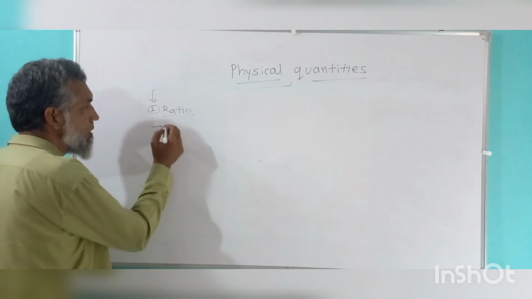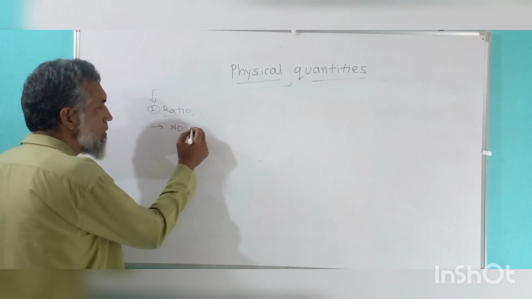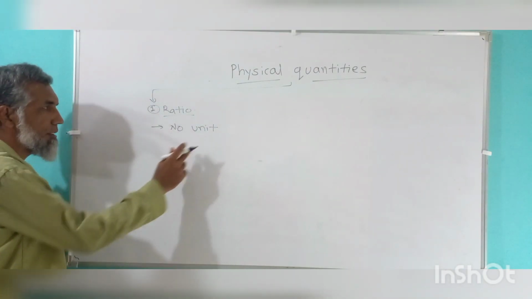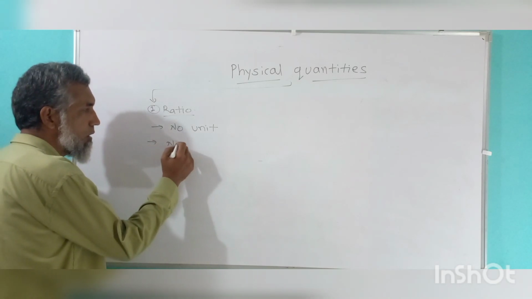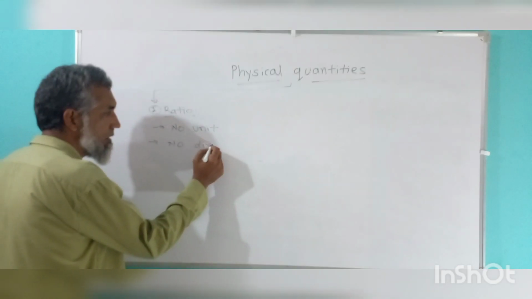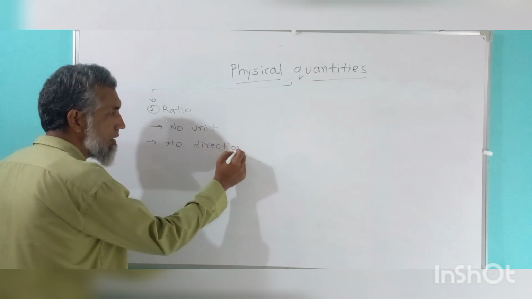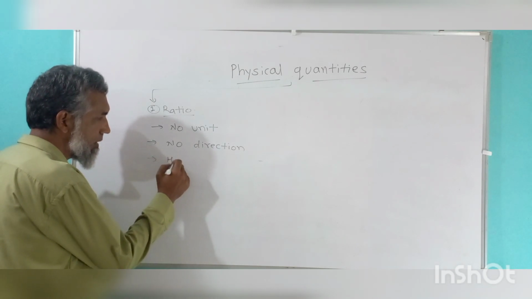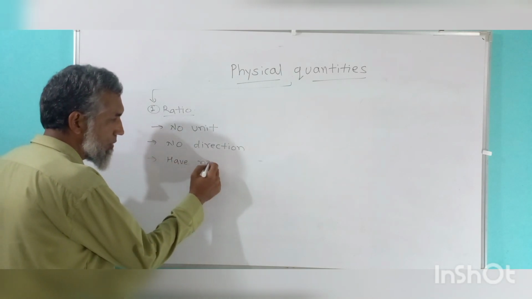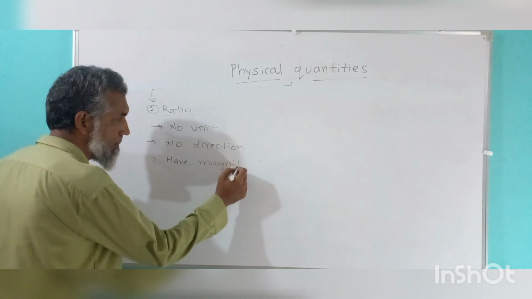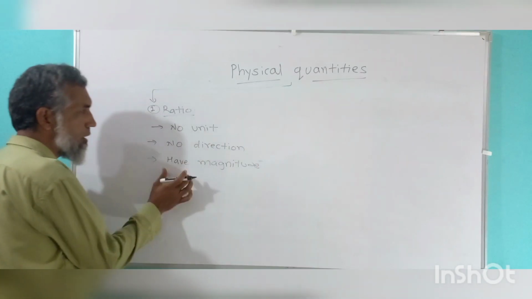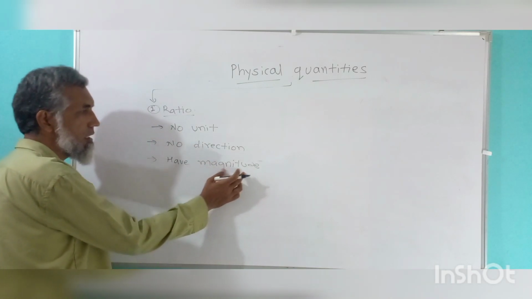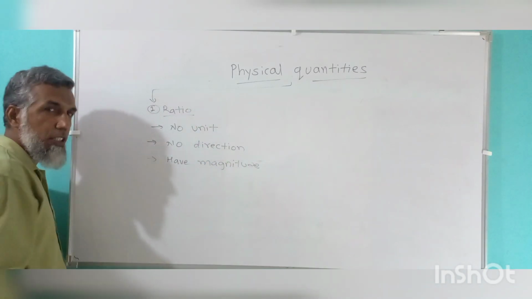So ratio: no unit, they don't have unit; no direction, they don't have direction; they have magnitude. Such quantities which do not have unit, do not have direction, but they do have magnitude, are called as ratio.